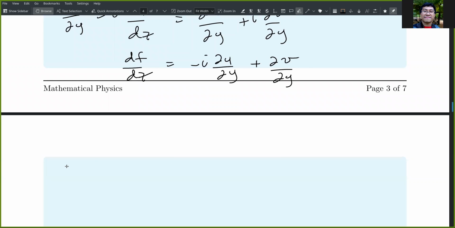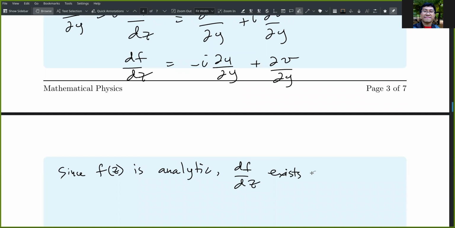But remember that f of z is given as an analytic function. So df by dz exists and is unique.